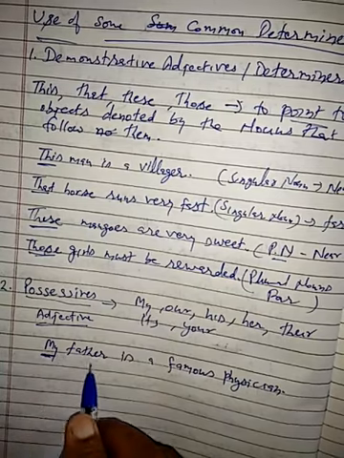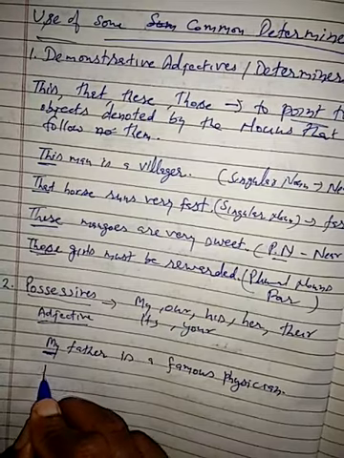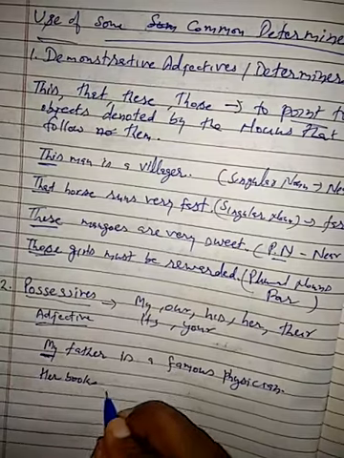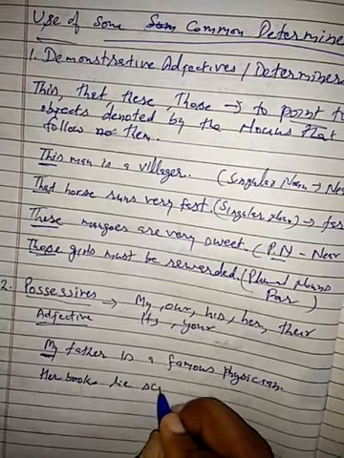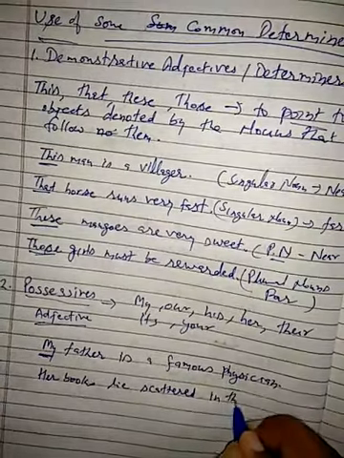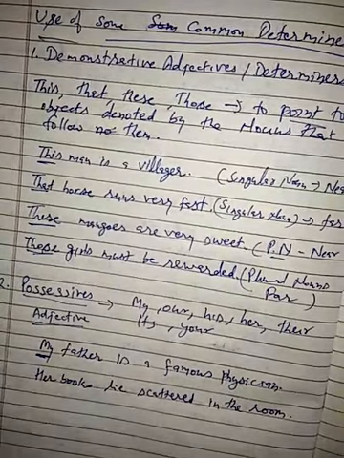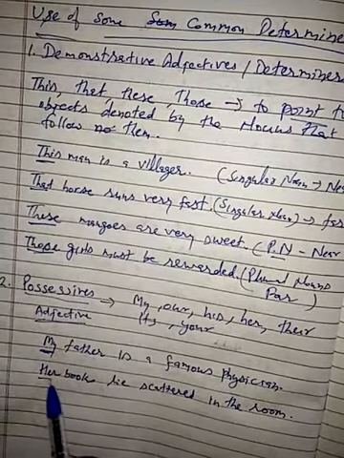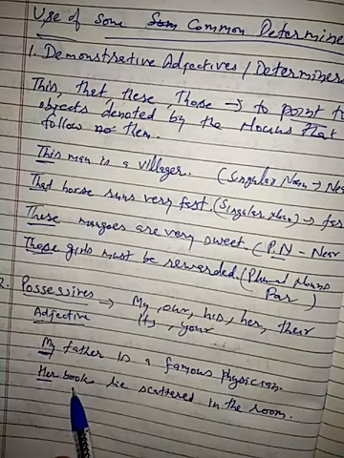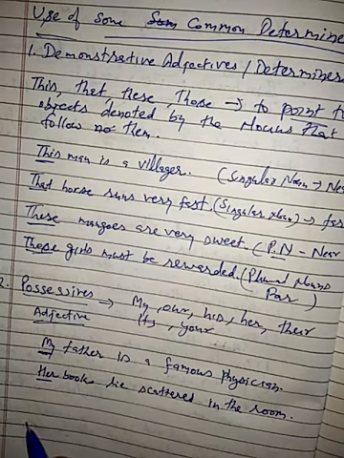Next, her books lie scattered in the room. So what is her? Her shows the possession of the books. Clear?